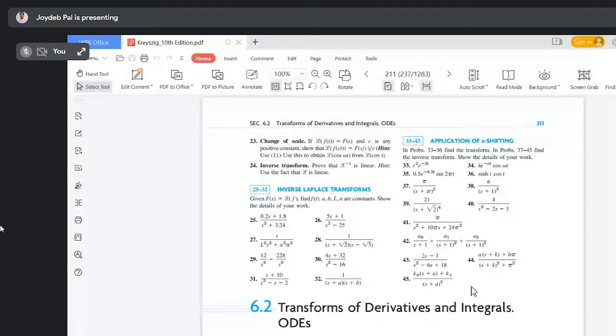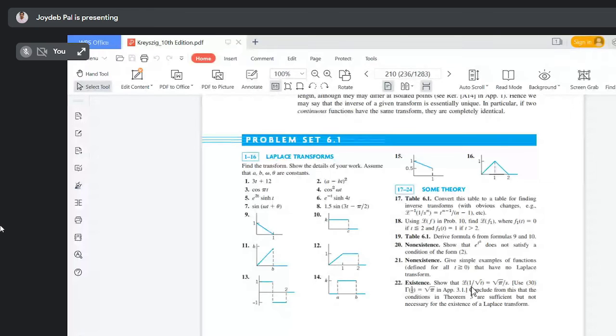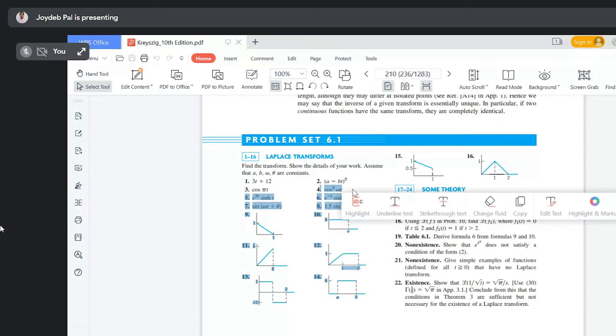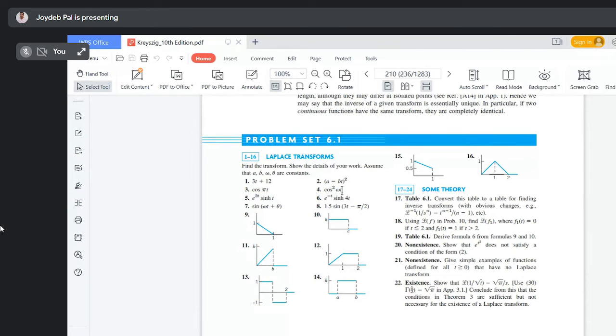So we will write it in the form of cos 2 theta. This problem number 4. Yes, you have to write it in the term of cos 2 theta. Means there are no tabulated formula for cos square or sin square. You see problem number 4. It is similar to that, right?